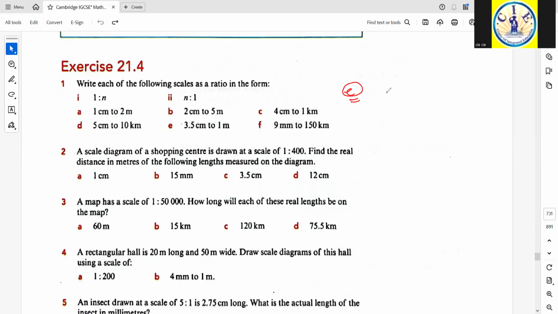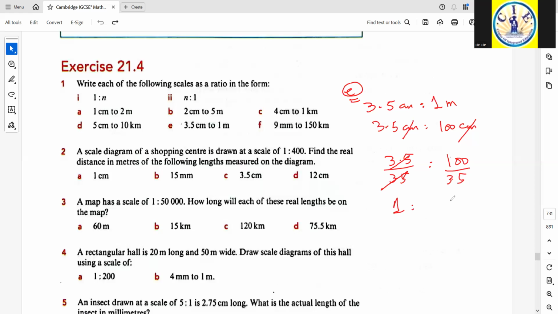Okay, now it's part E, which is 3.5 centimeters to 1 meter. That is 100 centimeters. This gets cancelled out. So now 3.5 divided by 3.5 ratio 100 divided by 3.5. So this would be cancelled out.